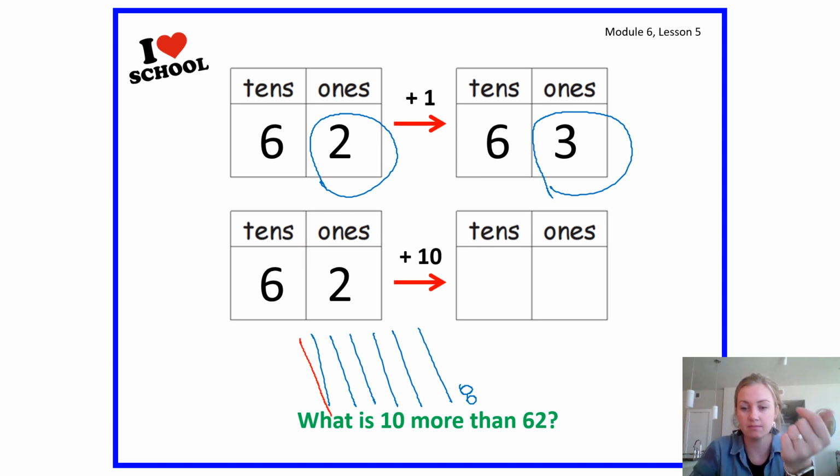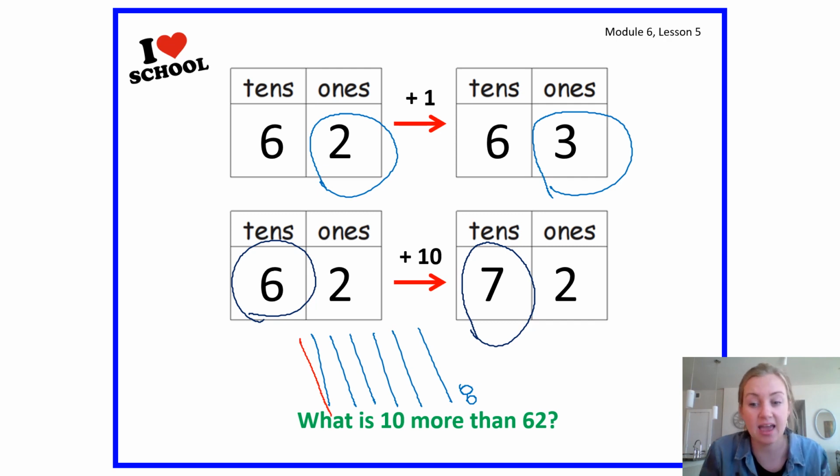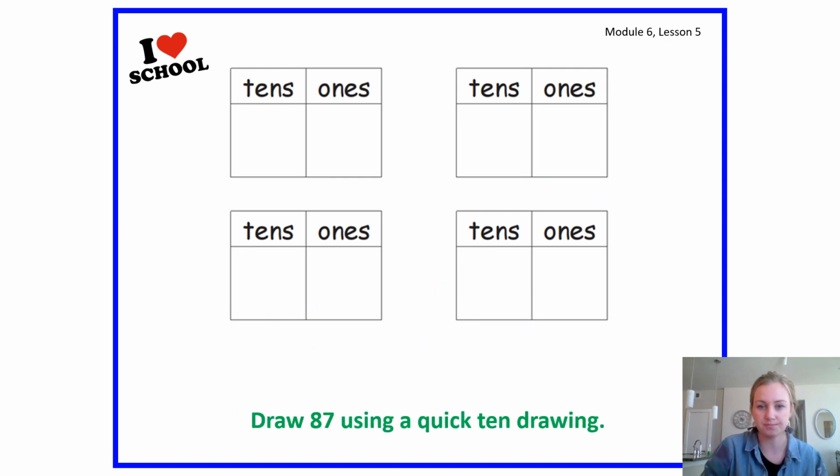Get ready. Yes, 72. The only digit that changed this time was the 10's digit because I added a 10. The 1's digit did not change because I didn't add any 1's. I only added a 10, so the only digit that changed was the 10's digit.